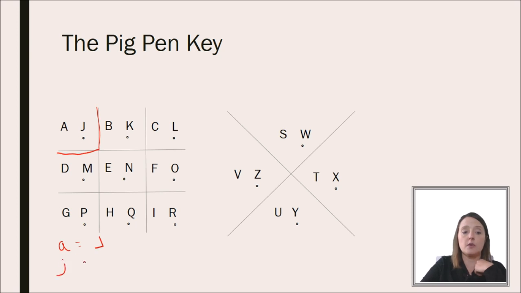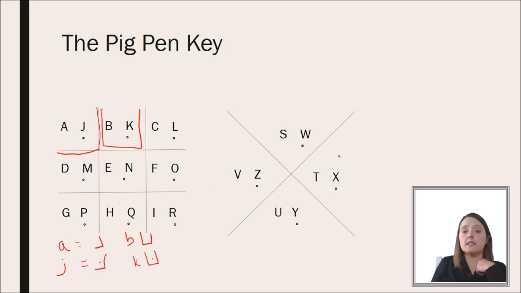So J would become this symbol, but with a dot, so that we know that we're looking at the letter J. B would be this symbol replicating the shape of its position. K would be the same symbol with the dotting.